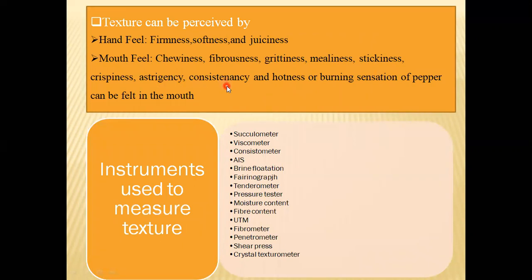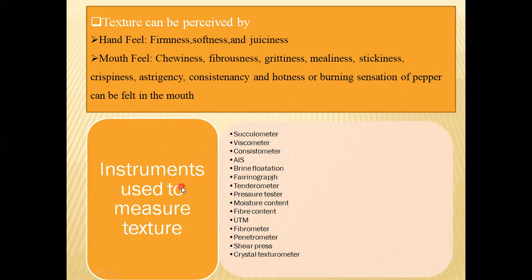Consistency is also important, and the hotness or burning sensation of that particular food product can be felt by our mouth. Temperature is also important, and by temperature we can judge the hotness or coldness of that food product.